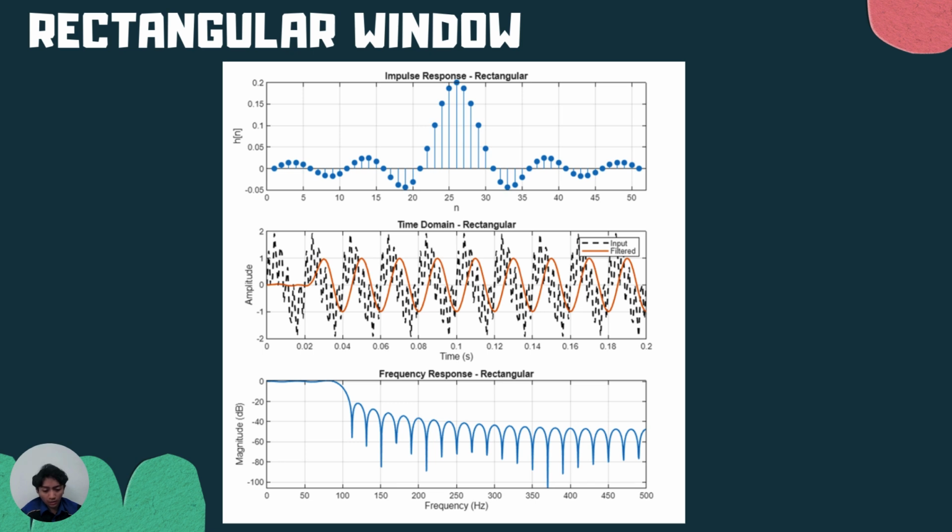These ripples are caused by the high side lobe level, which results from the abrupt truncation of the impulse response. This phenomenon leads to spectral leakage, where unwanted high frequency components are not sufficiently attenuated.